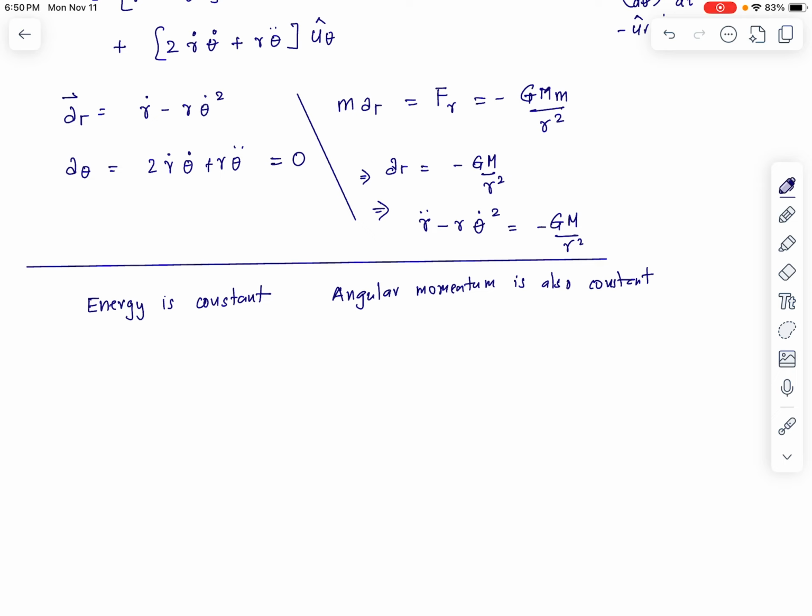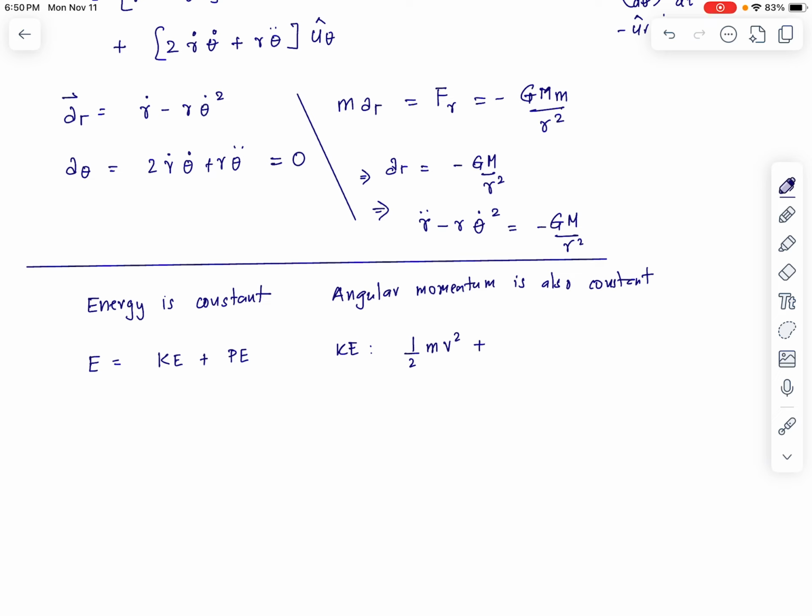So essentially, the energy can be written here as the sum of the kinetic energy and the potential energy, right? And the kinetic energy has two components, right? It has a component from linear velocity, that's half mv square, and it has a component from the angular velocity.